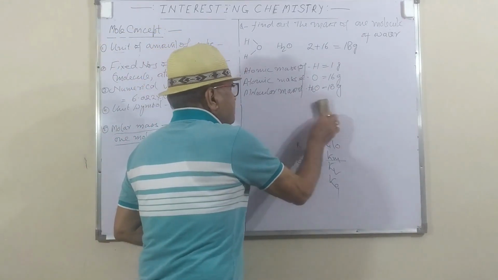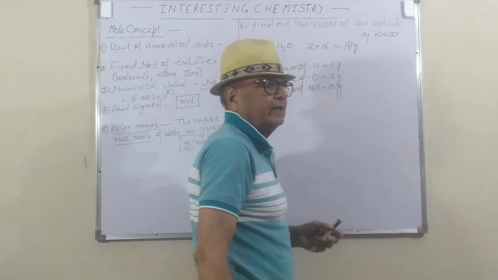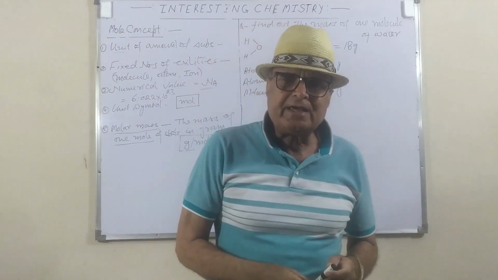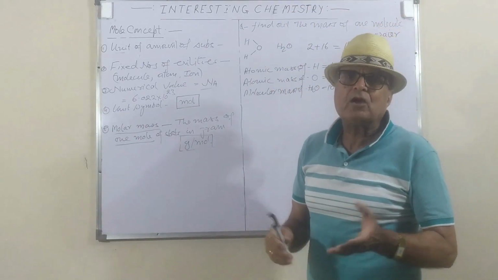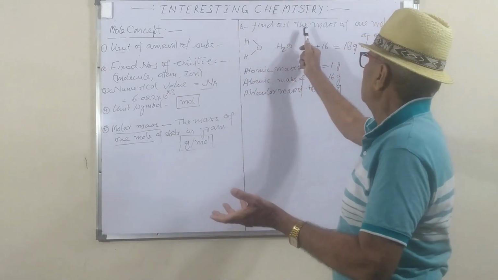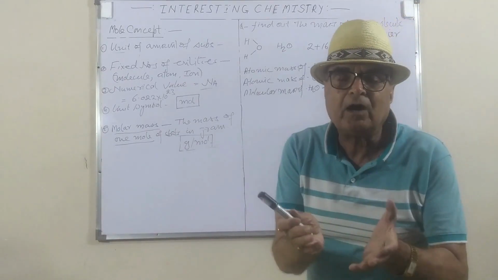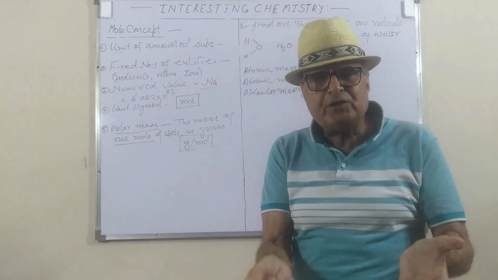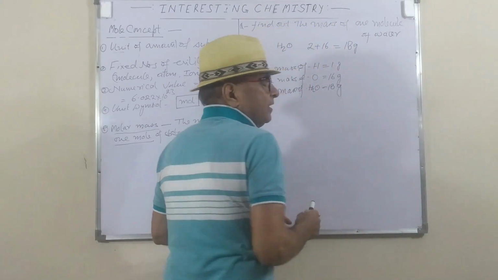To make your understanding of the mole concept clearer, I have a question for you that is often asked in examinations: find out the mass of one molecule of water. The way you solve this problem, you do 16 and 18.